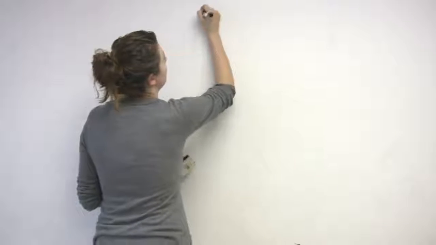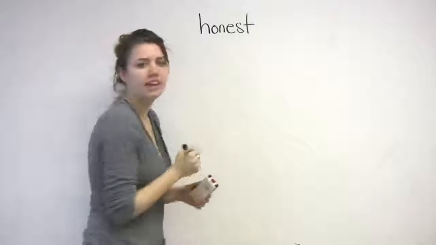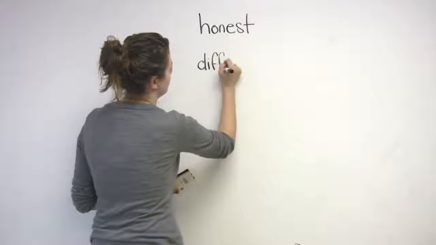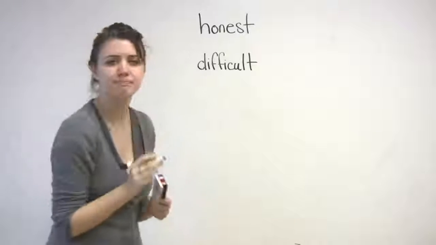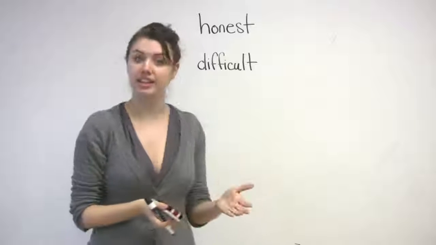Okay, now let's look at some adjectives that are two syllables that don't end with a Y, or three syllables. So adjectives that are two or more syllables that don't end with a Y. And we're going to do two examples. Let's use the adjective honest and difficult. So, with a one-syllable adjective, we added ER.